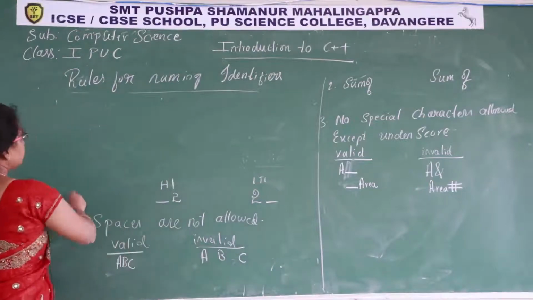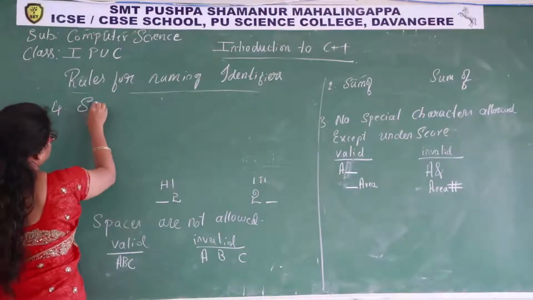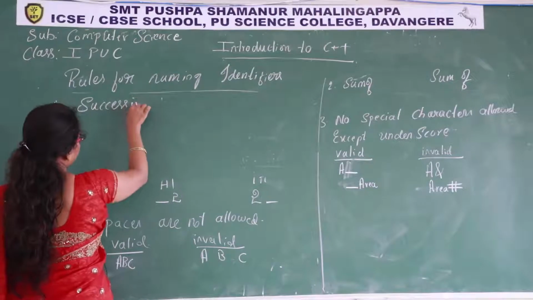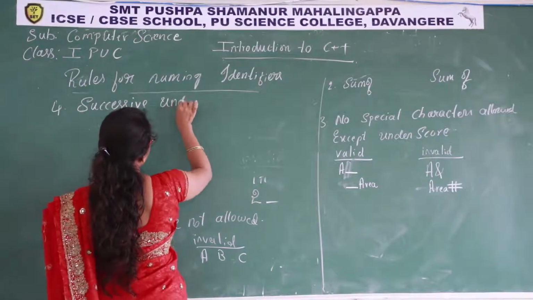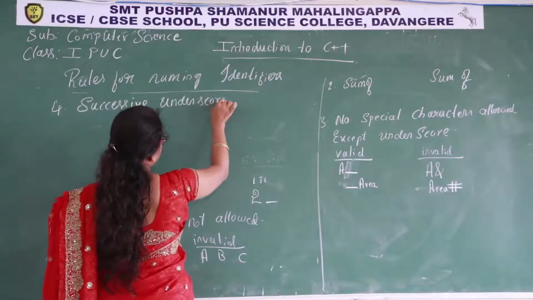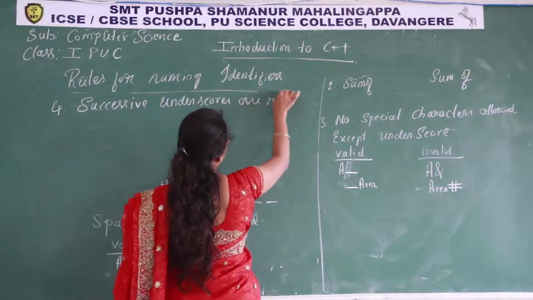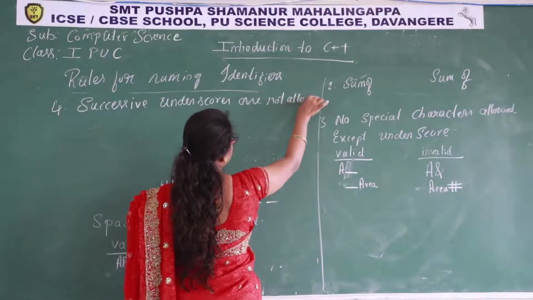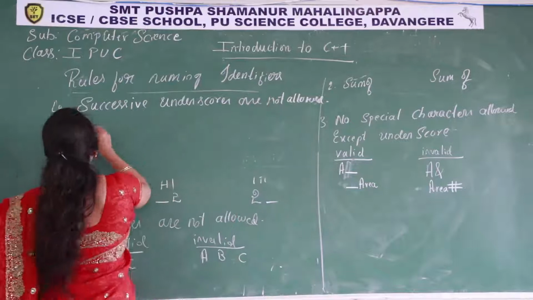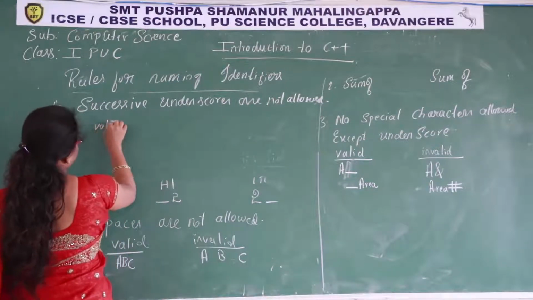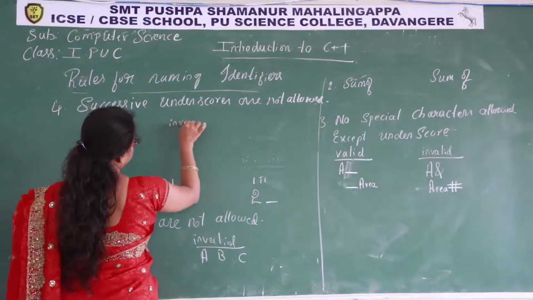Successive underscores are not allowed. Example, valid, invalid.